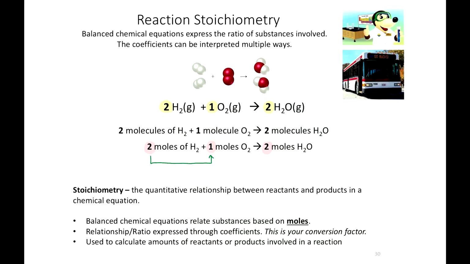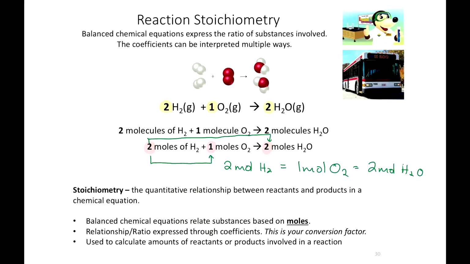Moles is the ticket to get on our balanced chemical reaction, because we can look at these coefficients and say 2 moles of hydrogen equal 1 mole of oxygen. Or we can make the relationship different. We can say 2 moles of hydrogen, relating it to water instead, is also equal to 2 moles of water. And you know I love equalities, because once you set something equal to one another, you can turn it into a fraction where one is on top and one is on bottom, depending on what unit you want to go to.